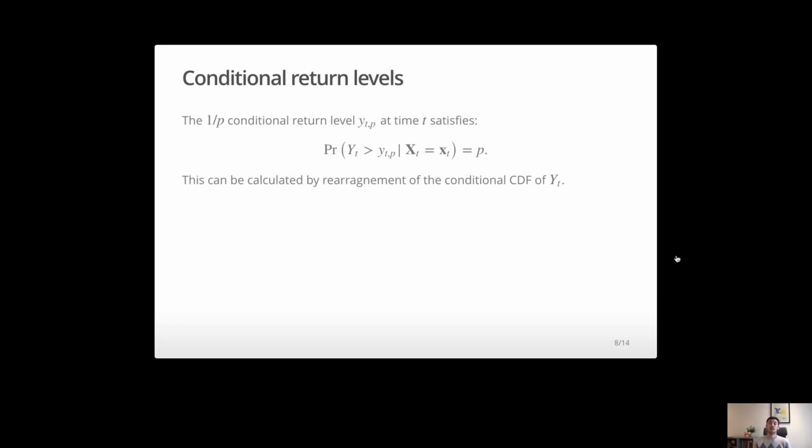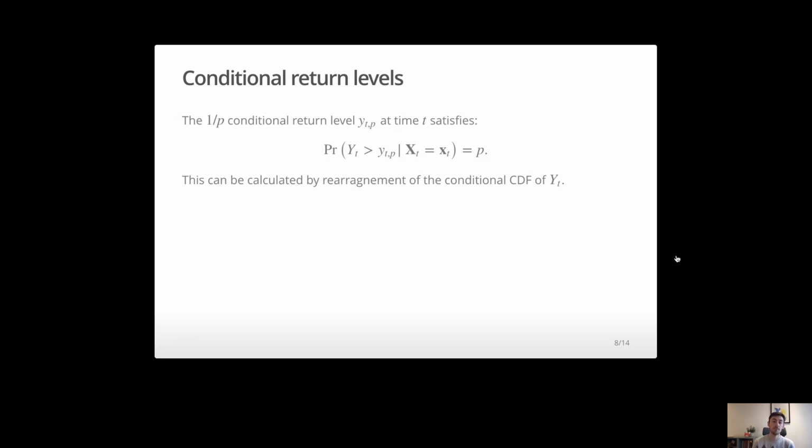Now that we're considering adding in covariates to our model, we can extend the idea of return levels that we met earlier. The idea of a conditional return level is to work in exactly the same way as our marginal return level that we introduced in previous weeks, but now it's going to be for a particular value of the covariates.